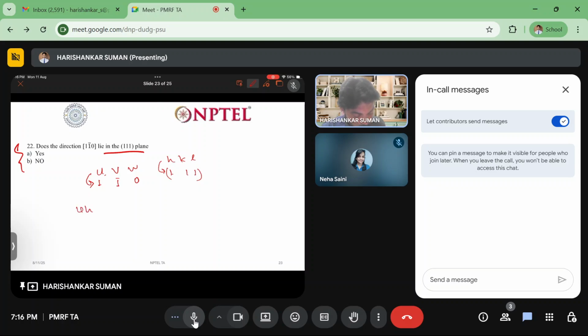U times H, K, L will be 0 if the direction lies in the plane. 1 into 1, minus 1 into 1, 0 into 1, that is 1 minus 1, will be 0. Okay, so yes, it lies.